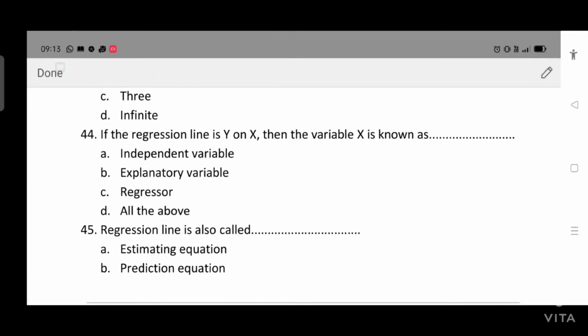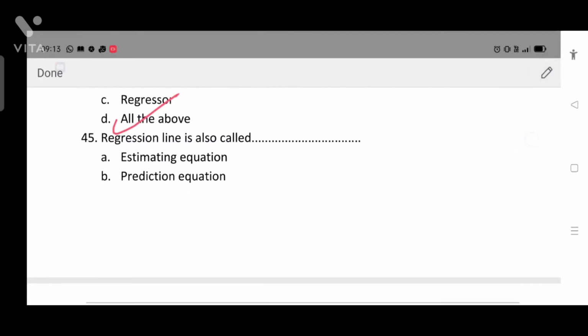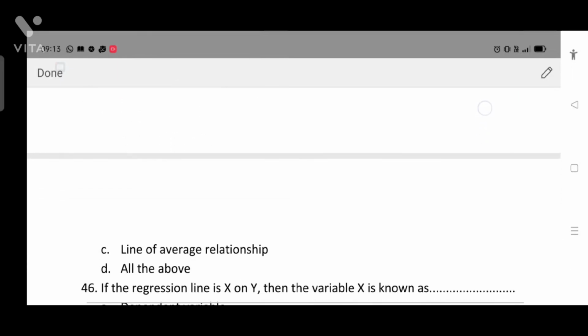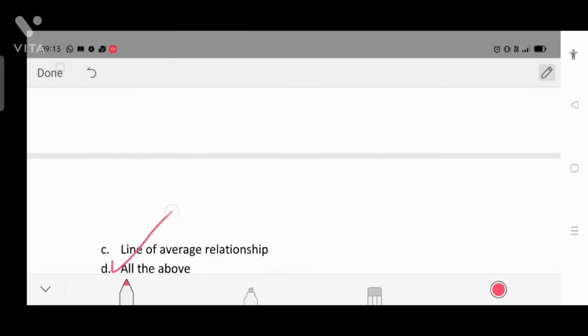Question number 44. If the regression line is y on x, then the variable x is known as A, B, C, D. All of the above. Question 45. Regression line is also called A, B, C, D. Answer D is the correct answer, all of the above.